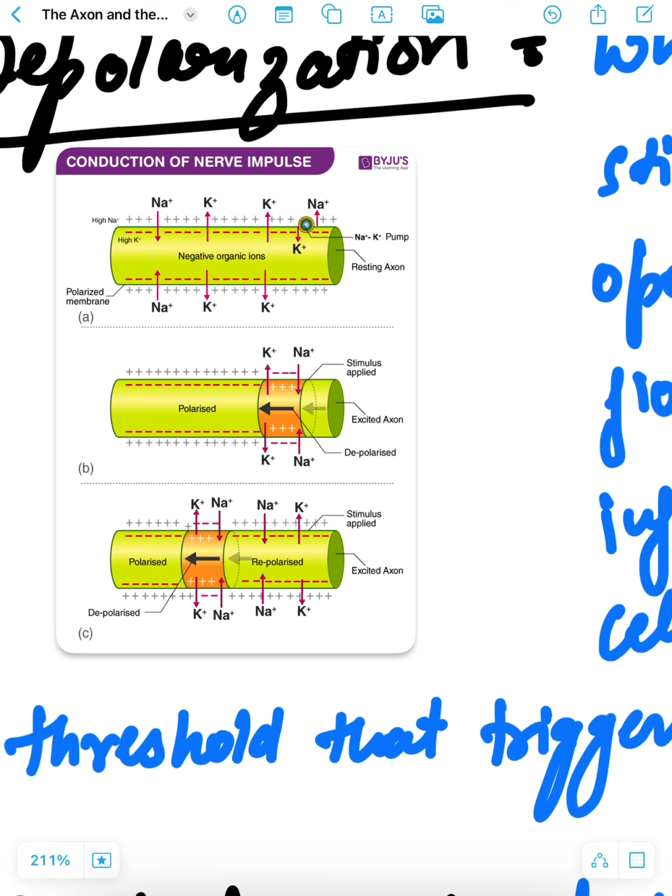Here you see sodium enters from both sides and potassium exits from both sides. At the end, the sodium potassium pump takes it back to resting mode. And sometimes, in the polarized case, they stimulate and depolarize the ions.